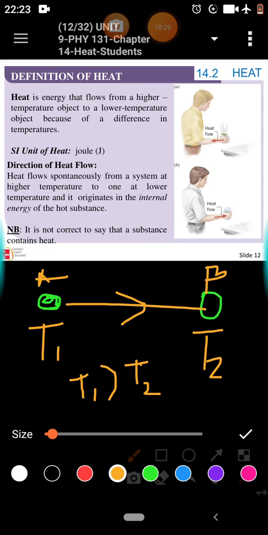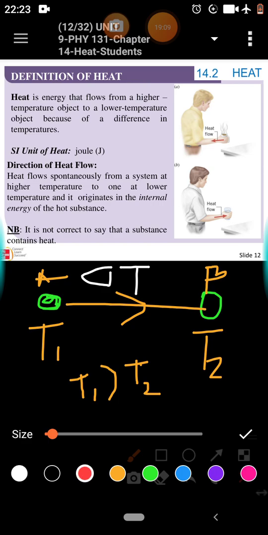So that's the whole purpose of this. There's a temperature difference between the two objects. A is higher, it's hotter, and B is less hot. So then there will be energy transfer due to the difference in the temperatures.